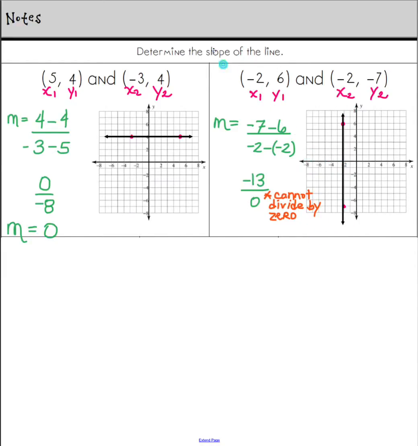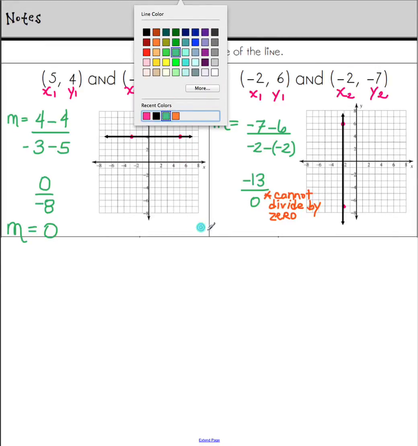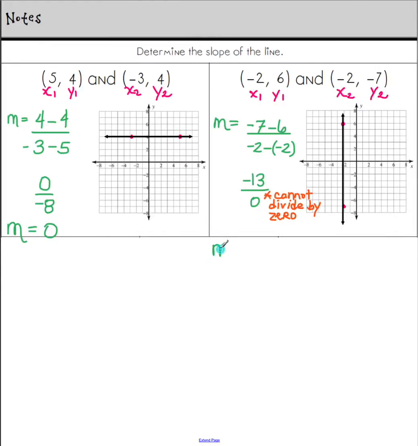And we have a vertical line, so that means that our slope is undefined. So if you end up with a denominator of 0, you cannot divide by 0, so that means that your slope is undefined. So make sure that you pay attention to the difference between 0 in the numerator, which is a slope of 0, and a 0 in the denominator, which means you have a slope that is undefined.